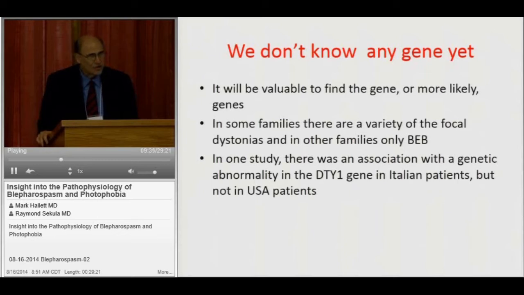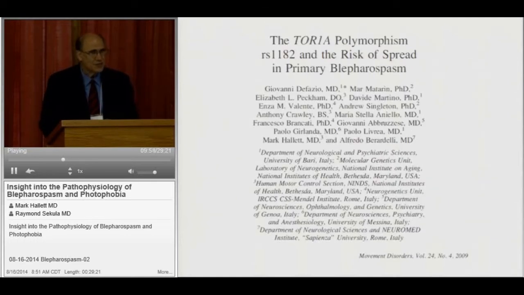Now, we do know a little bit that there was an association with an abnormality in the DYT1 gene in some patients from Italy, but we couldn't confirm that in U.S. patients. The U.S. patients are those of you who have participated in NIH genetic studies in the past. And this is another result from, again, you guys who were participating in some of the genetic studies.